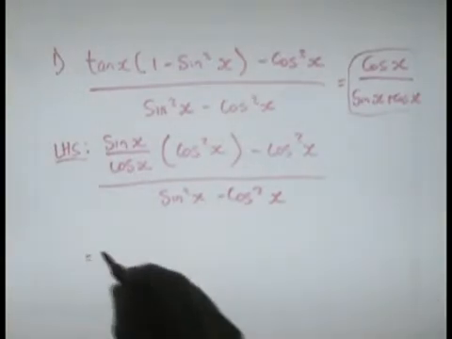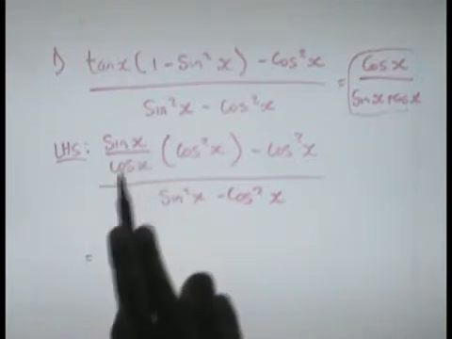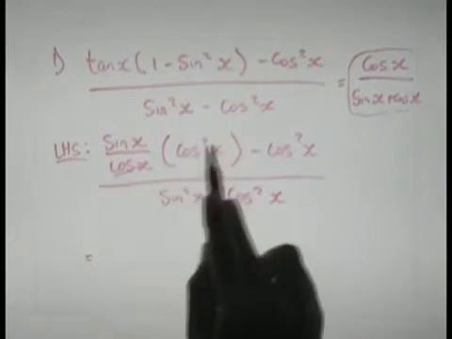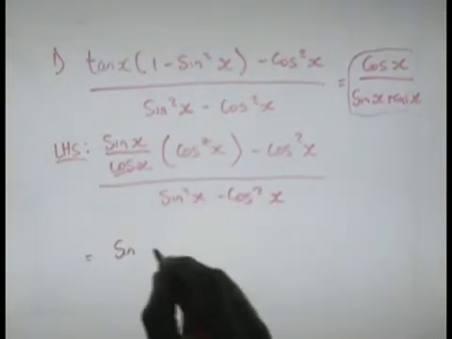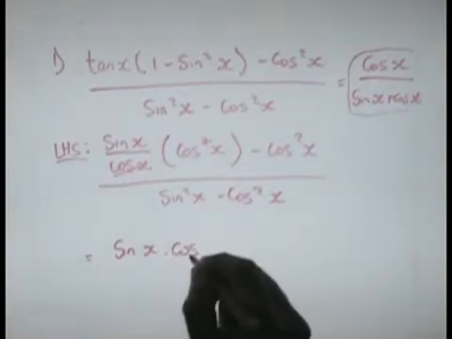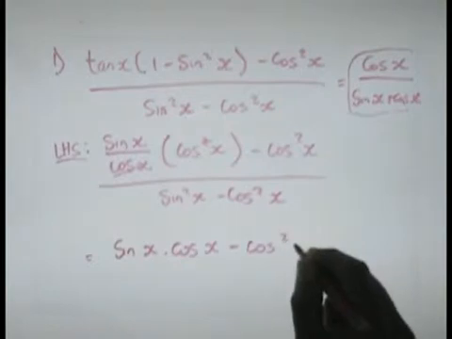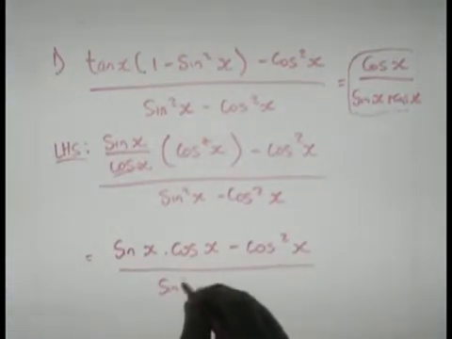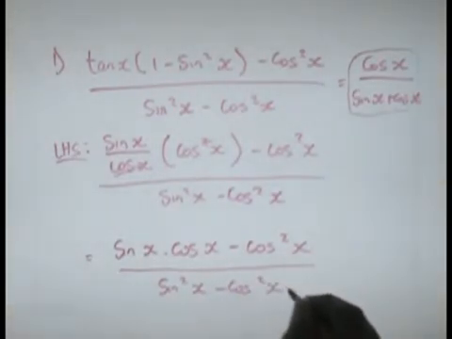Okay, next step I'm going to do cos squared x, sine x over cos x times cos squared x. Wouldn't one cos x cancel with one of those to leave us with just sine x times cos x minus cos squared x, all of that divided by sine squared x minus cos squared x.